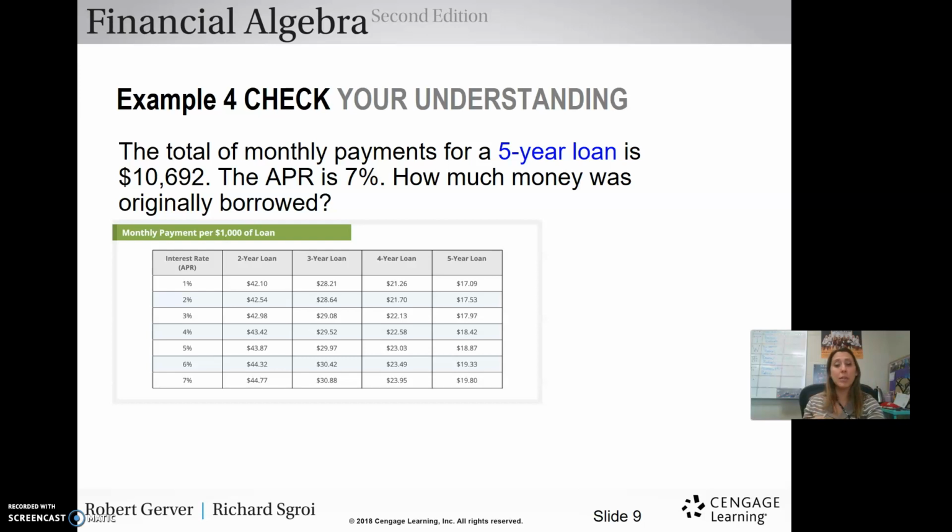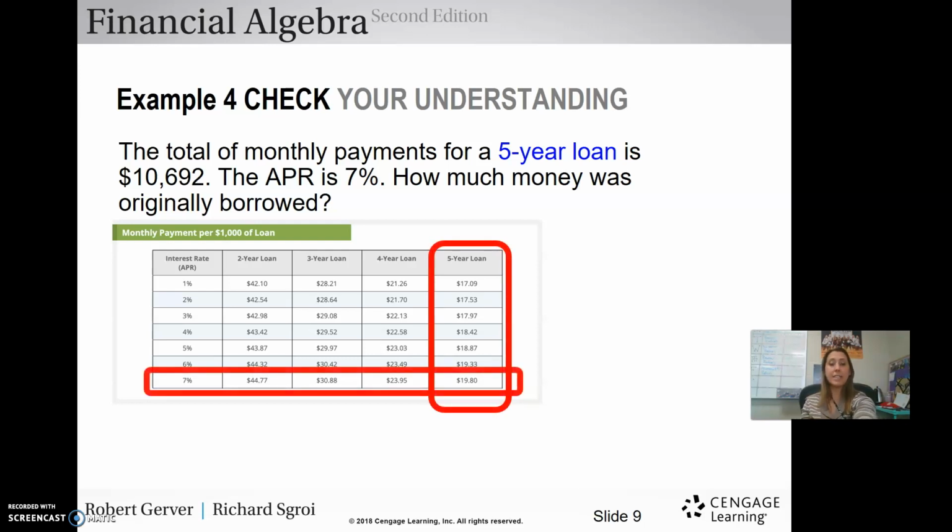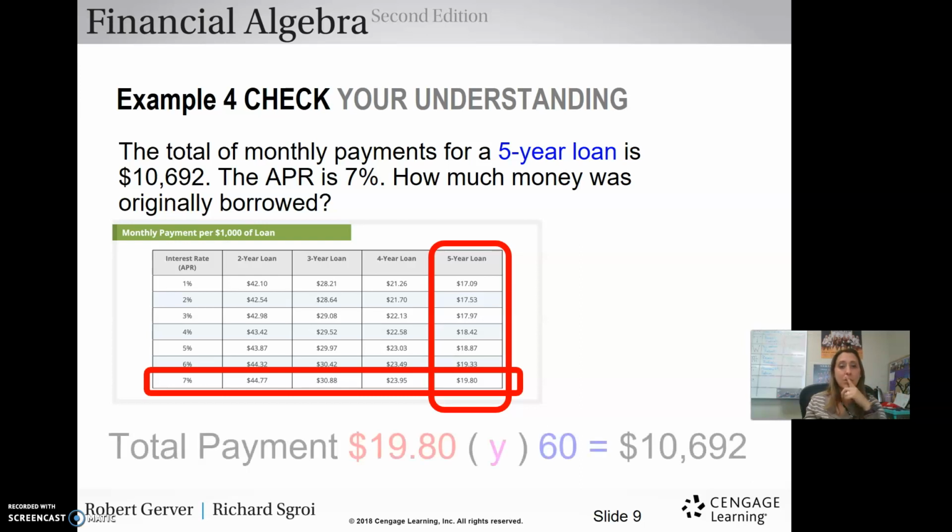Normally we would go to the 5-year row at 7%, so we're going to have $19.80 times Y, Y thousands, right? So however many thousands times Y, and then that'll all be equal to the $10,692.